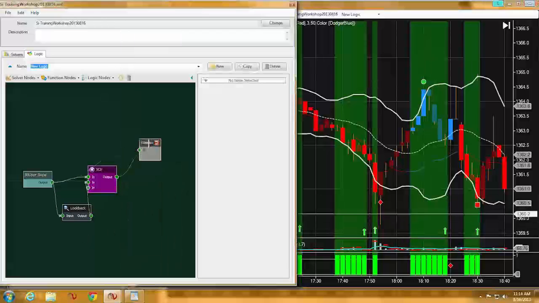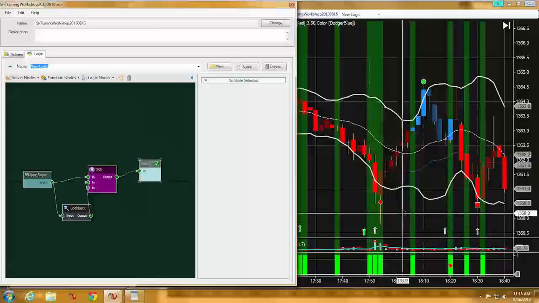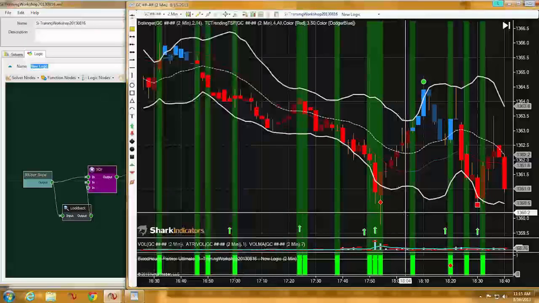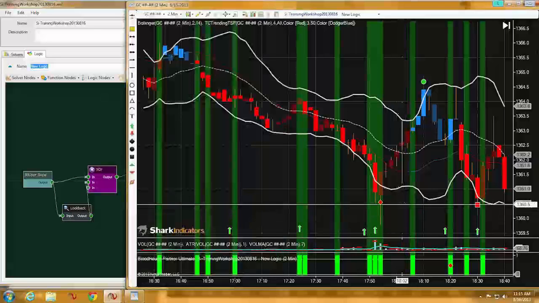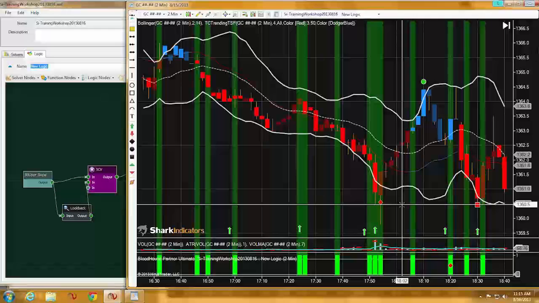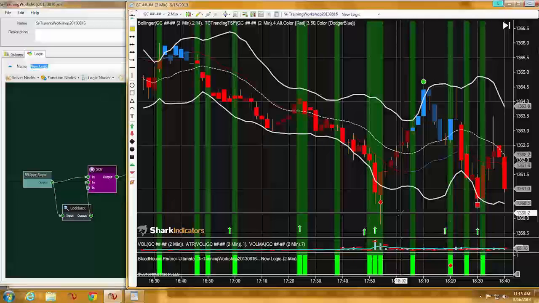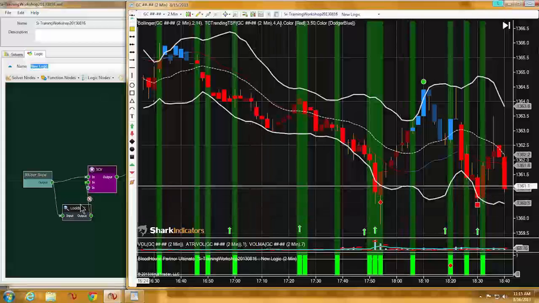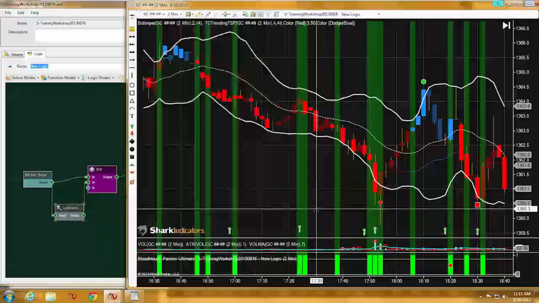All right, let's take a look at the XOR logic again. It's not giving the perfect results that I'm hoping for.